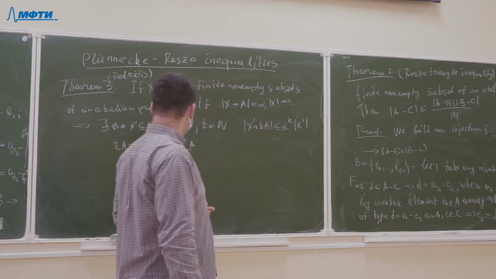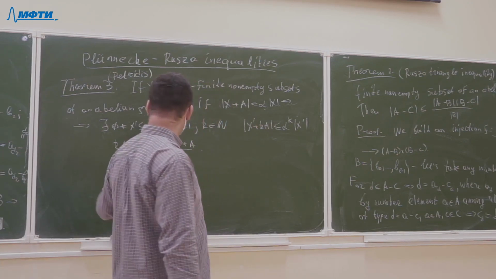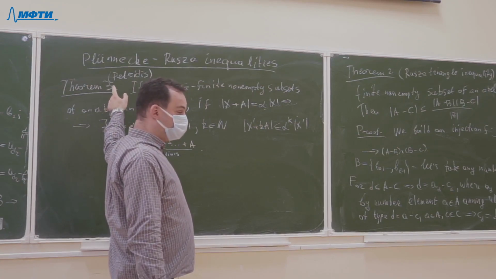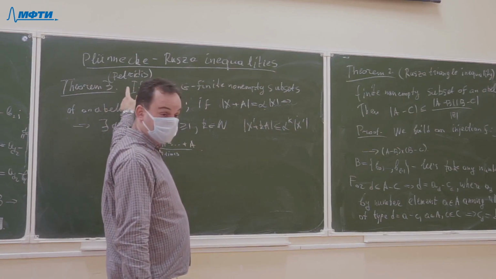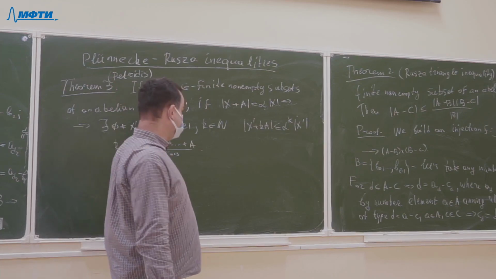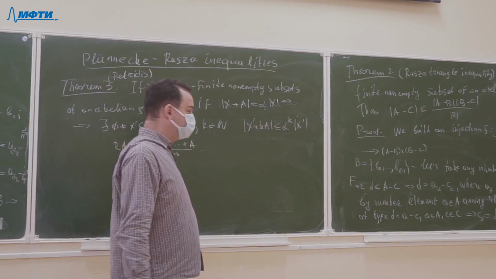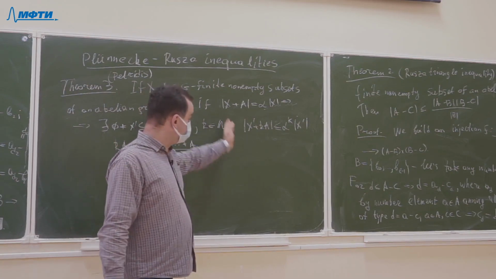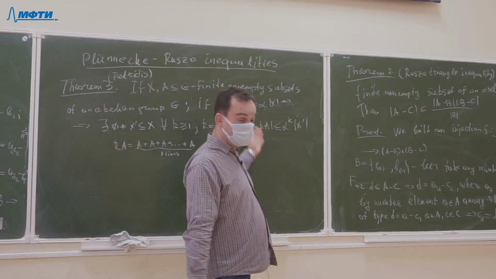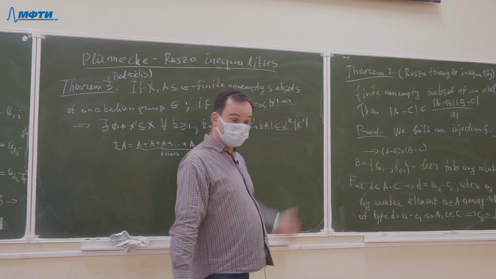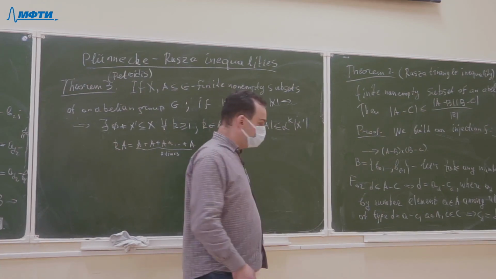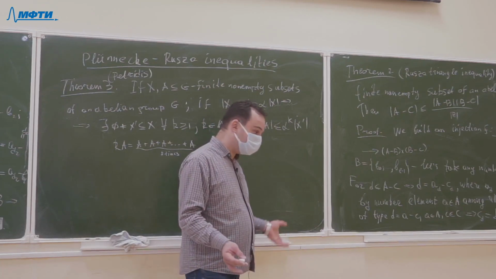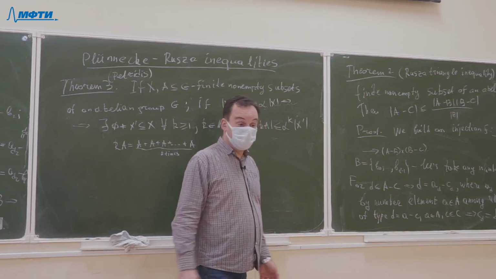Then Petridis, it's quite recent, 2017, found a shorter proof without graphs of the Plünnecke-Ruzsa result, in the case when all the sets are equal. I tried to apply his method to different sets. Unfortunately, it's not working well.